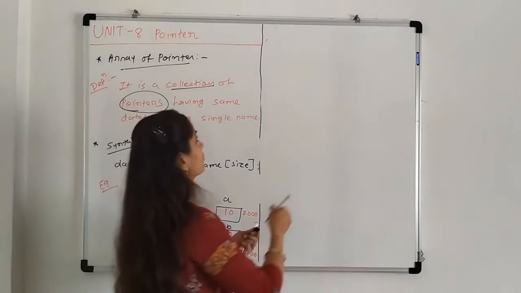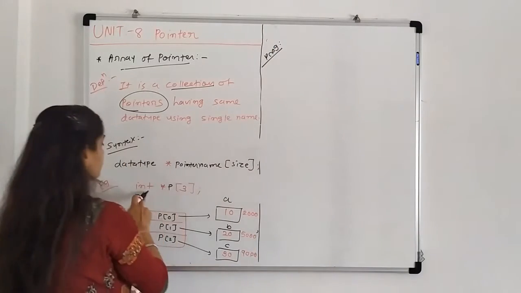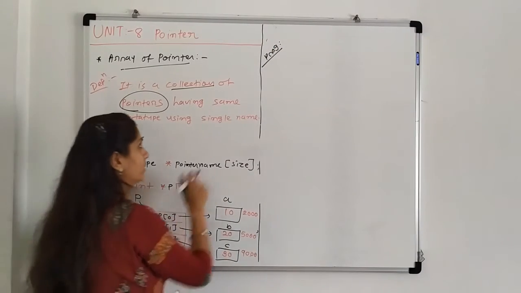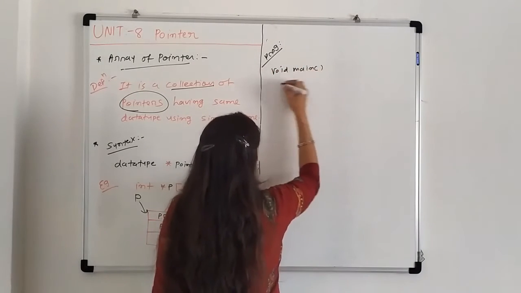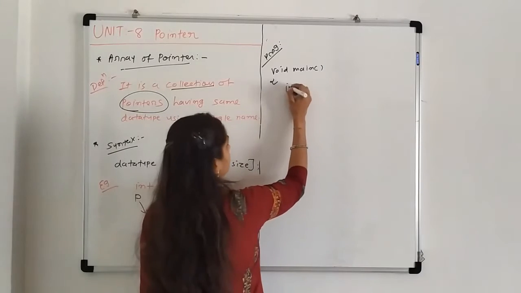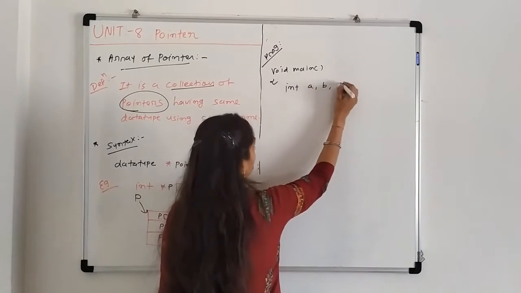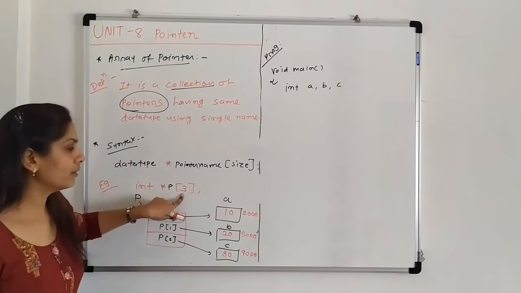So how do we write the program for that? First we have to declare the array of pointer, and three variables A, B and C. Let us start with the simple A, B, C first. Three variables, and I have three pointers, for which we use star P of 3.